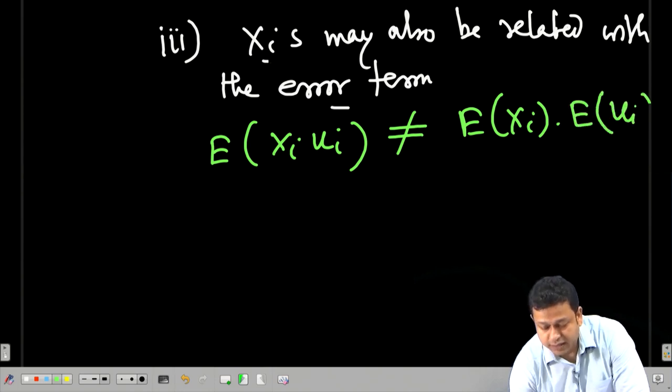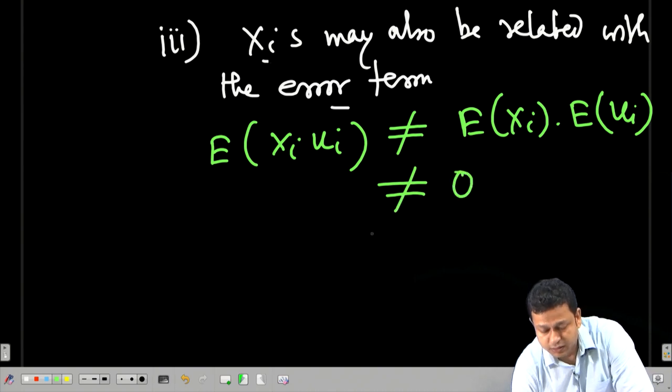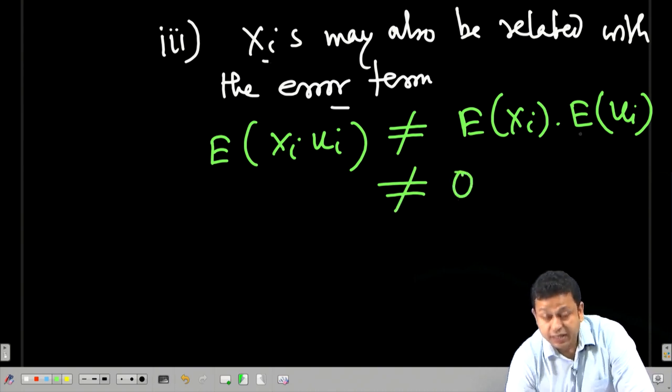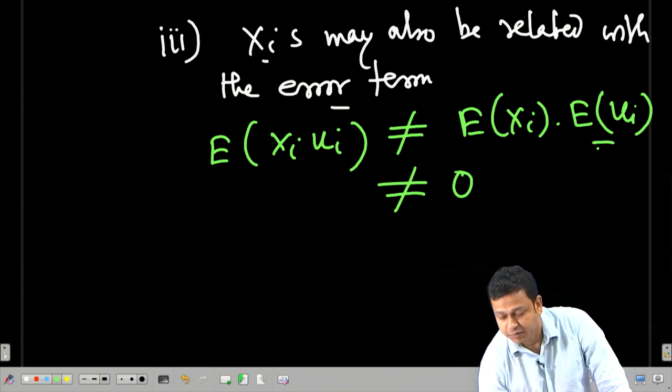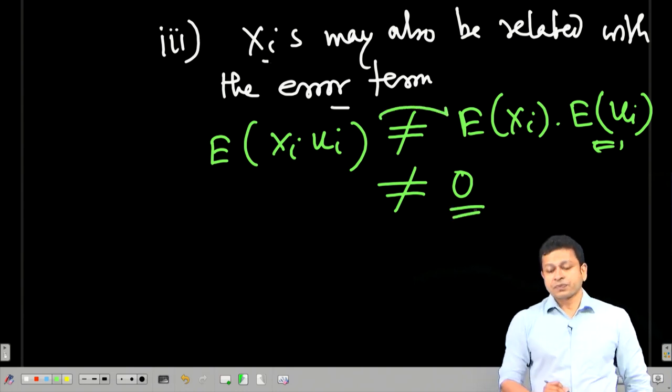Or in other words I cannot say this is equal to 0, because if it has to be 0, then the expectation of ui has to be 0, and even if expectation of ui is 0, if this condition does not hold, I can never get this value, right.